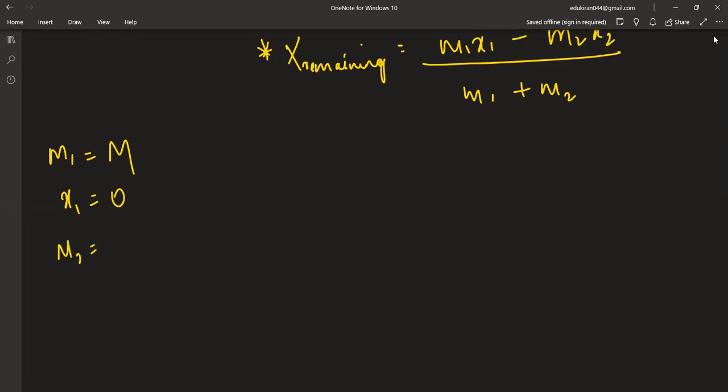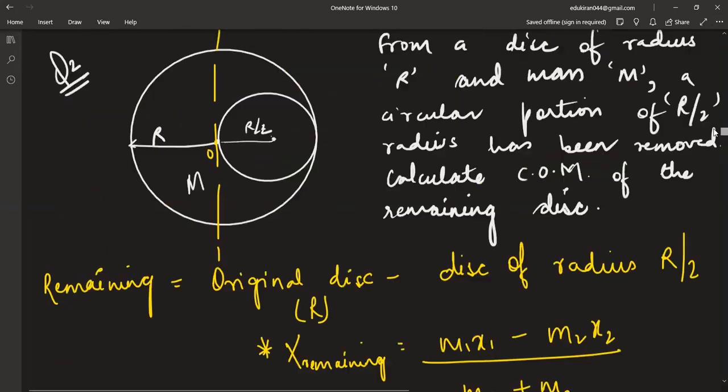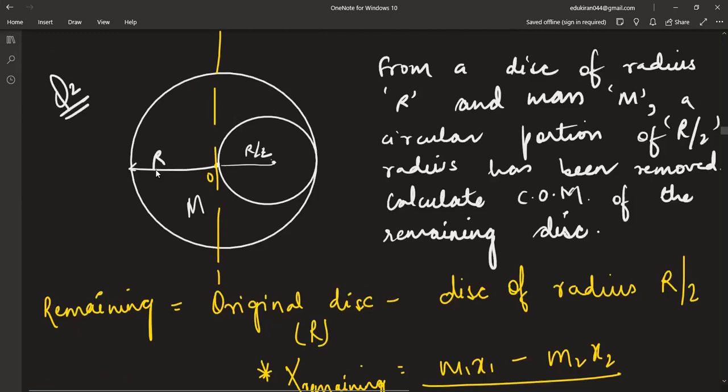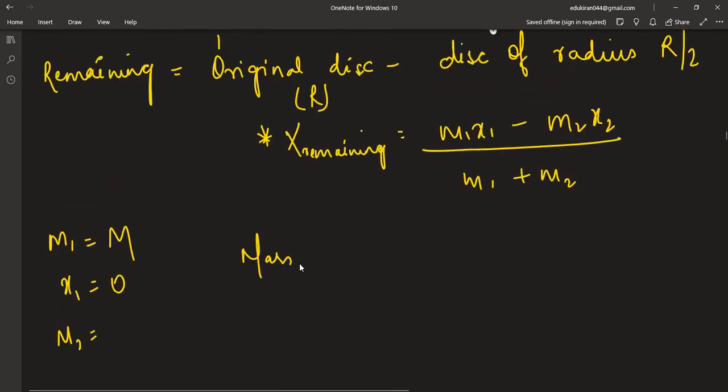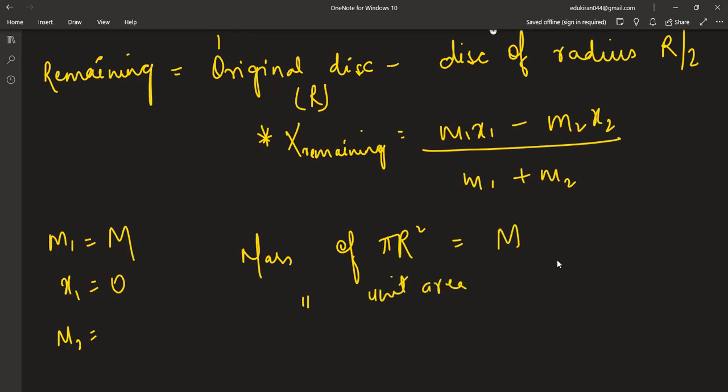What about m2? That is the mass of the portion that is cut. How will we find it? We can again apply the unitary method. See, we know that the mass of pi r square, meaning the entire disk, is m. So the unit area mass will be m by pi r square.